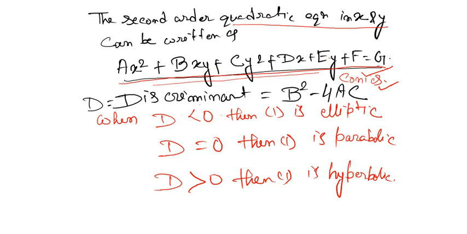This represents a parabola when D equals 0, and finally this represents a hyperbola when the discriminant is positive. So inspired from this example only, we are classifying PDEs. I hope this is clear to you right now. Now let me show you some examples of classification of PDE.